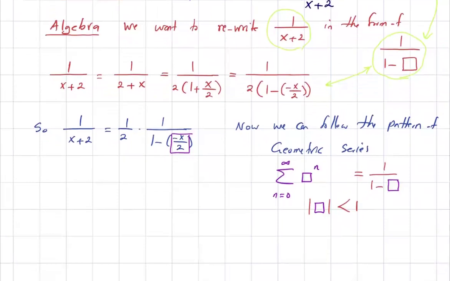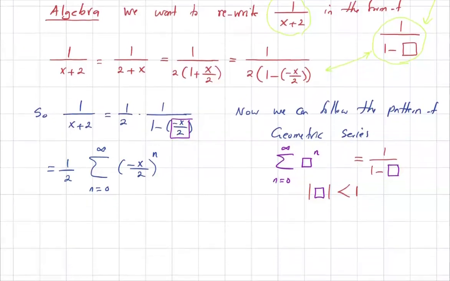You get the series equal to a half times the series of negative x divided by 2 to power n, and n starts from 0 to infinity. Very good. You can rewrite this to make it a little bit prettier.